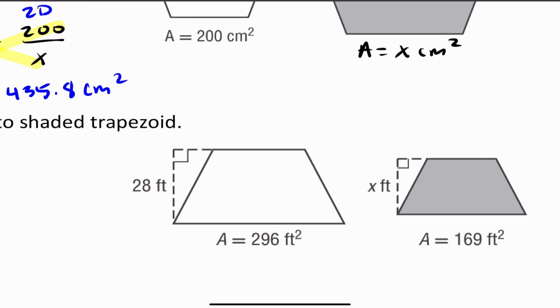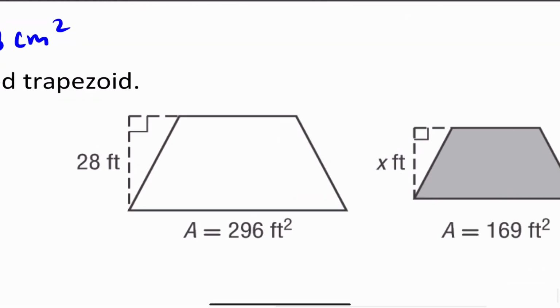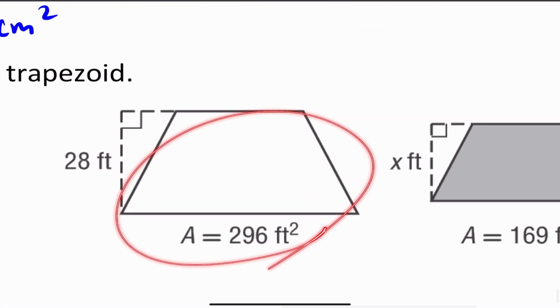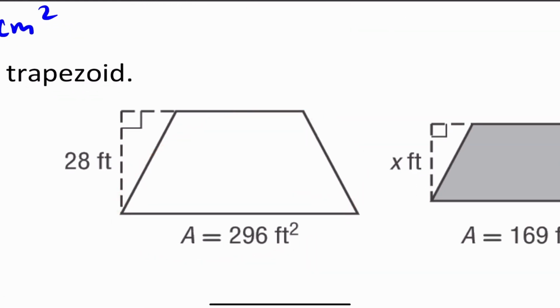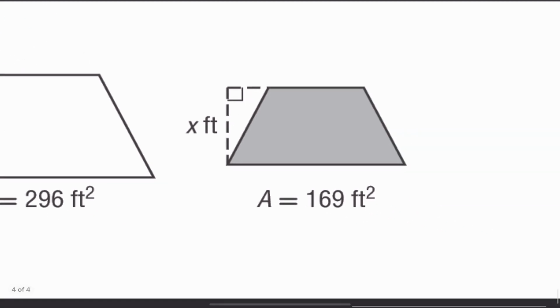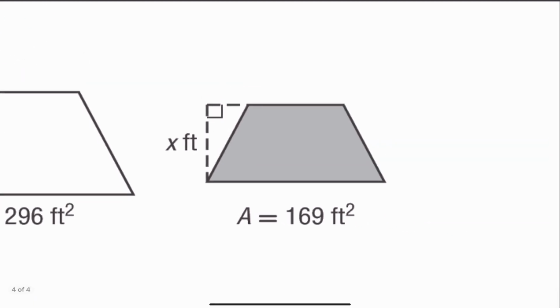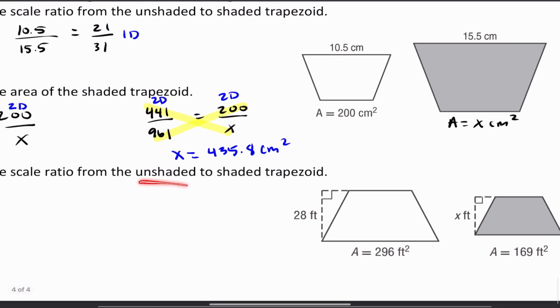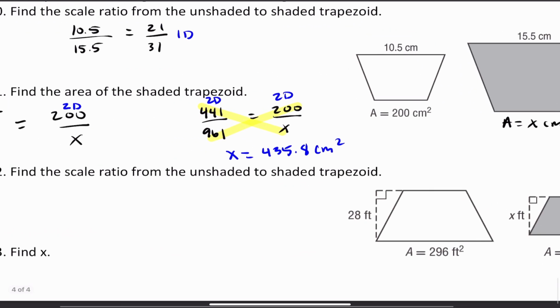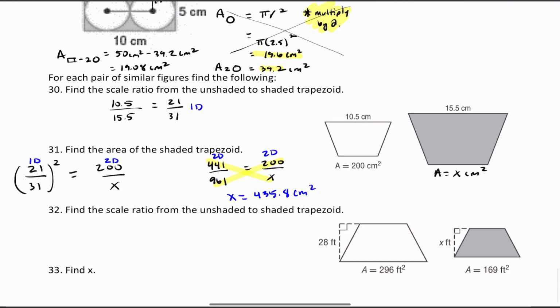I need to look at two numbers. I can see that the area of the unshaded trapezoid is 296, and the area of the shaded trapezoid is 169. I'm going from unshaded to shaded. So let's write a ratio between the two areas there. So it's 296 divided by 169.